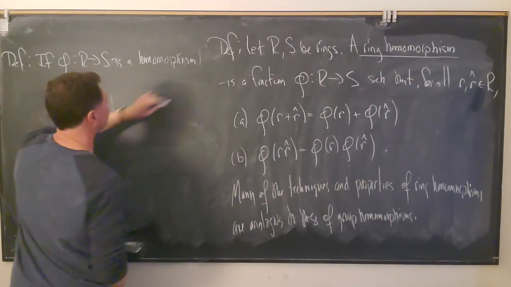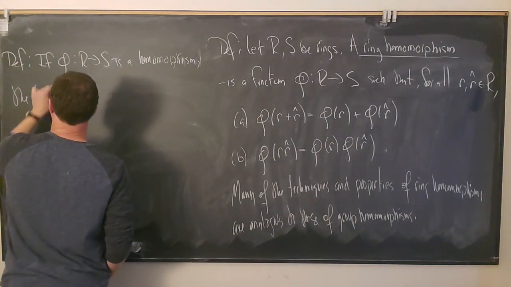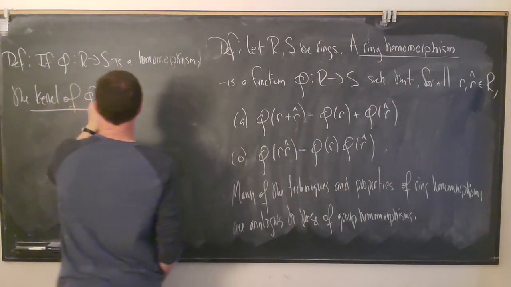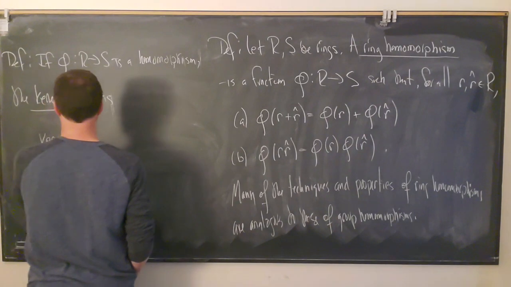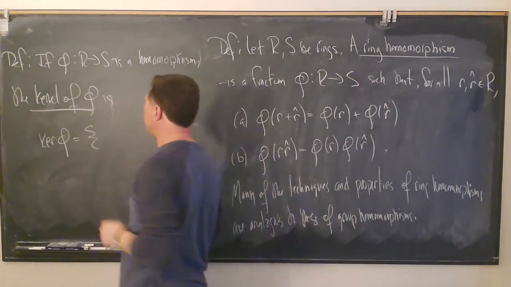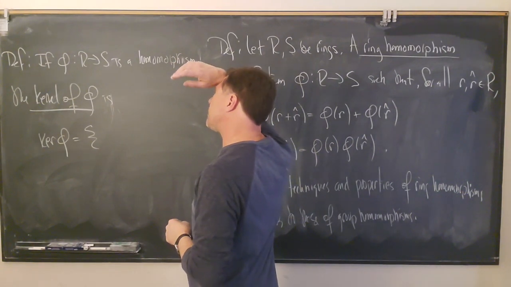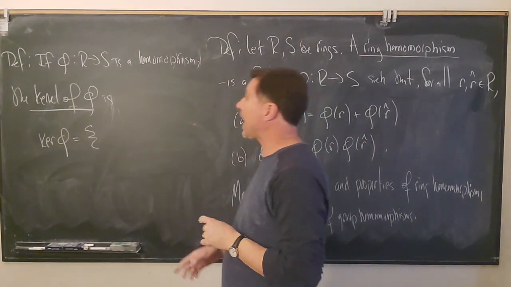The kernel of phi is the set, kernel phi, and now it's going to be equal to the usual thing. The kernel should be the set of all elements in the domain that get sent to the identity.